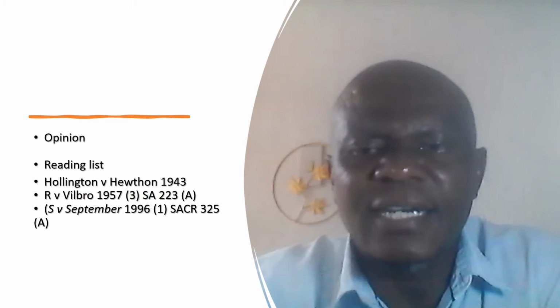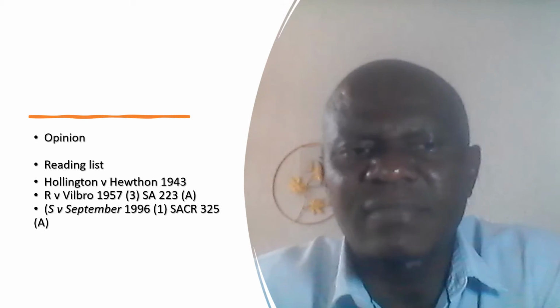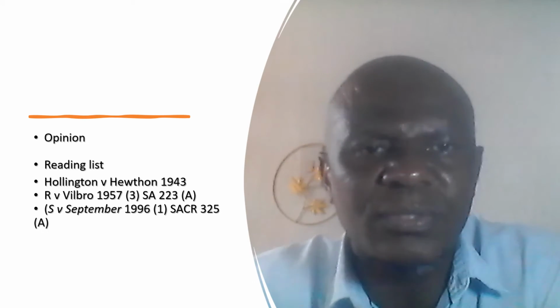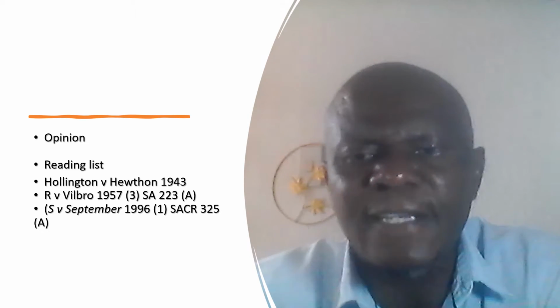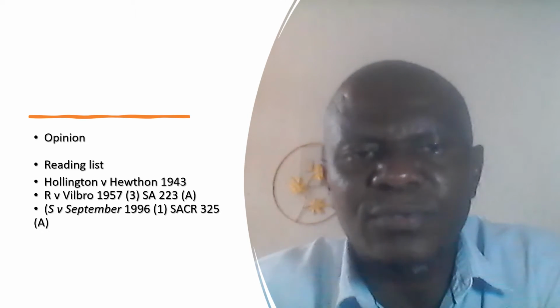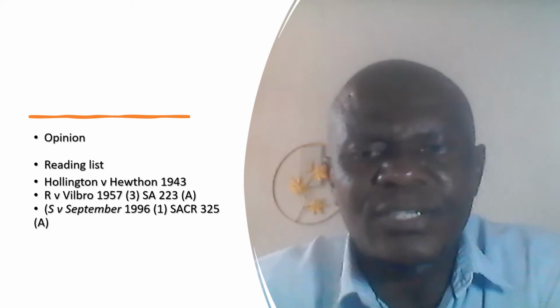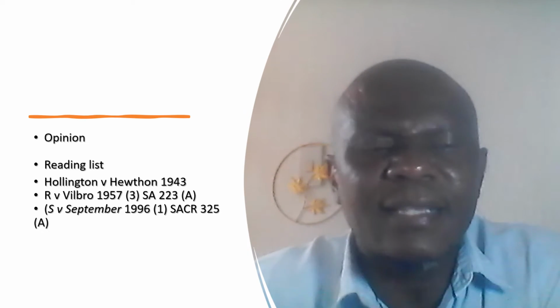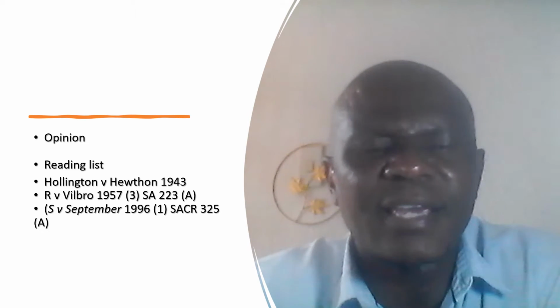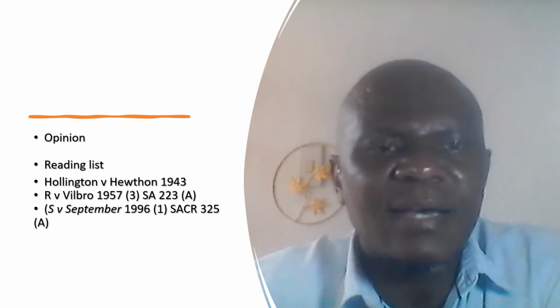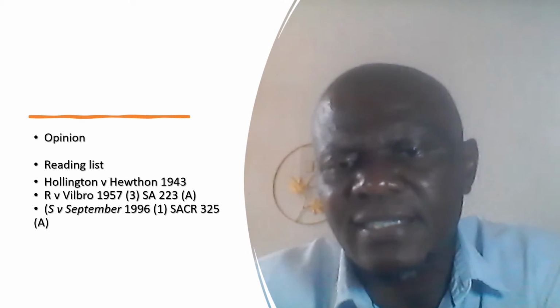The following are some of our reading material: the Hollington versus Houghton case that was decided in England in 1943, with the full citation below, and then R versus Vilbro, 1957, which is a South African case, and S versus September, 1996.